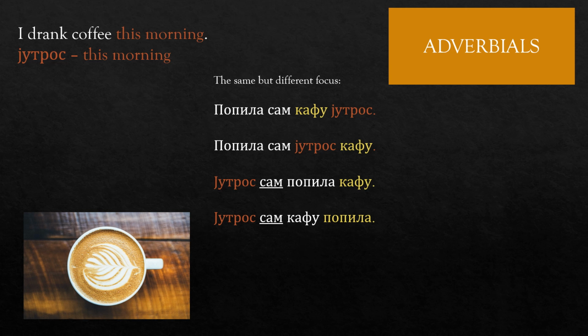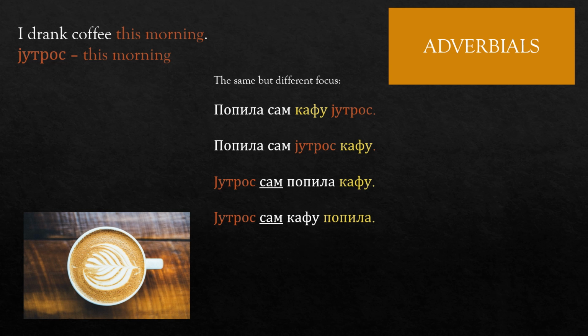pretty much anywhere else, and it will mean the same, but it will change the focus of the sentence, the emphasis. The emphasis is usually on the word that comes last, though sometimes in the beginning too, if that word is not normally found in the beginning, or the word order is not really common. Then placing it at the beginning emphasizes it, like we had with the malu je devojčicu ujeo pas.